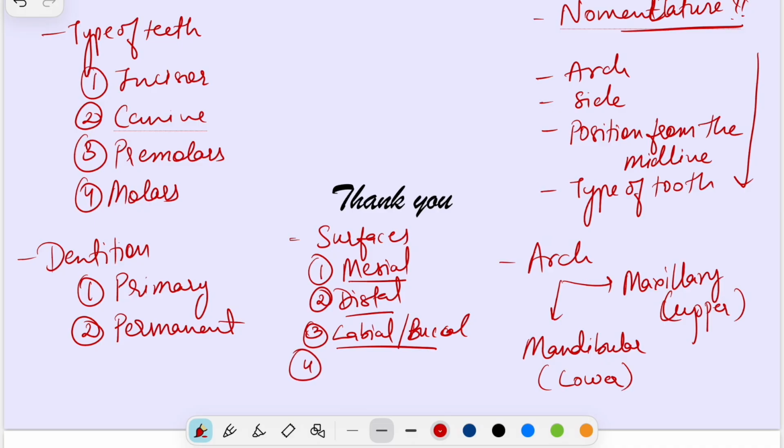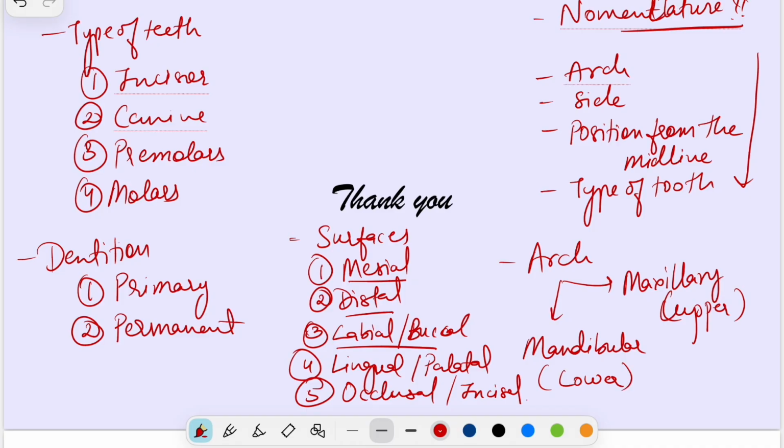Then we have your lingual or the palatal surface, and then we have the occlusal surface or the incisal surface. Okay, and that is basically a quick revision of what we learned today.